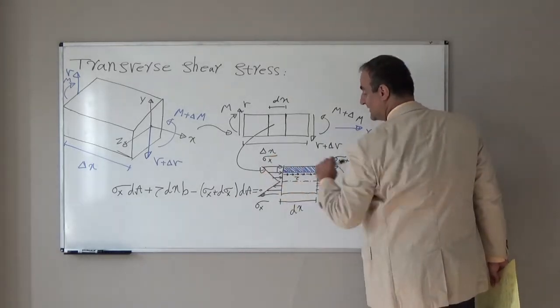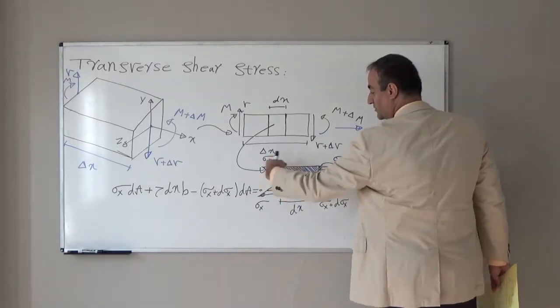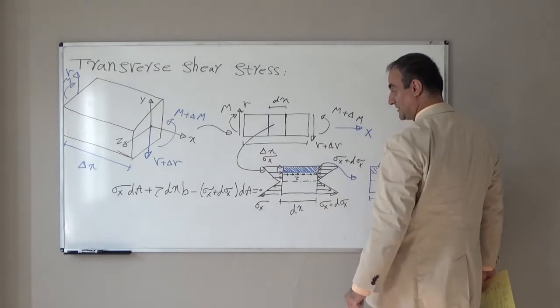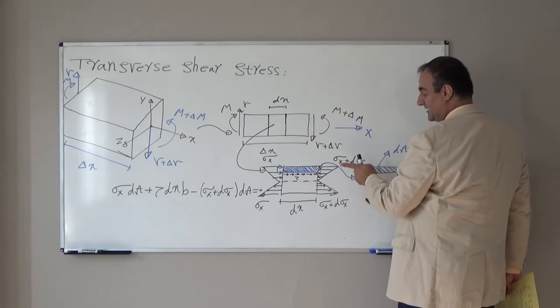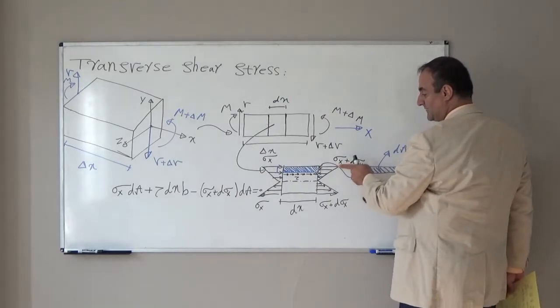So sigma x times dA is the force in the positive direction, minus sigma x plus d sigma x times dA, the force in the negative direction.